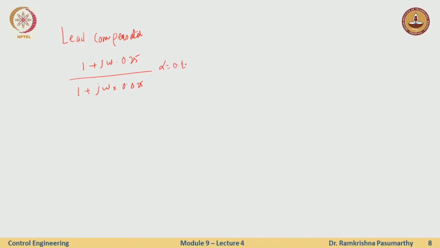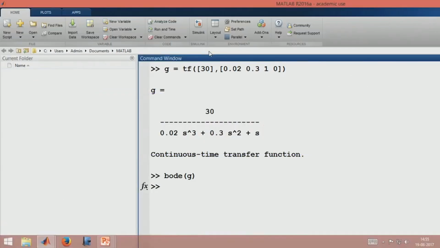Okay, so now let's see what happens with this lead compensation. There is no basis for me to choose this, but just to see a basic analysis of what it is. So this is my GC1, I'll call it, and it has a transfer function with 0.25, 1, 0.025 and 1. Okay, so this is how my compensator looks.